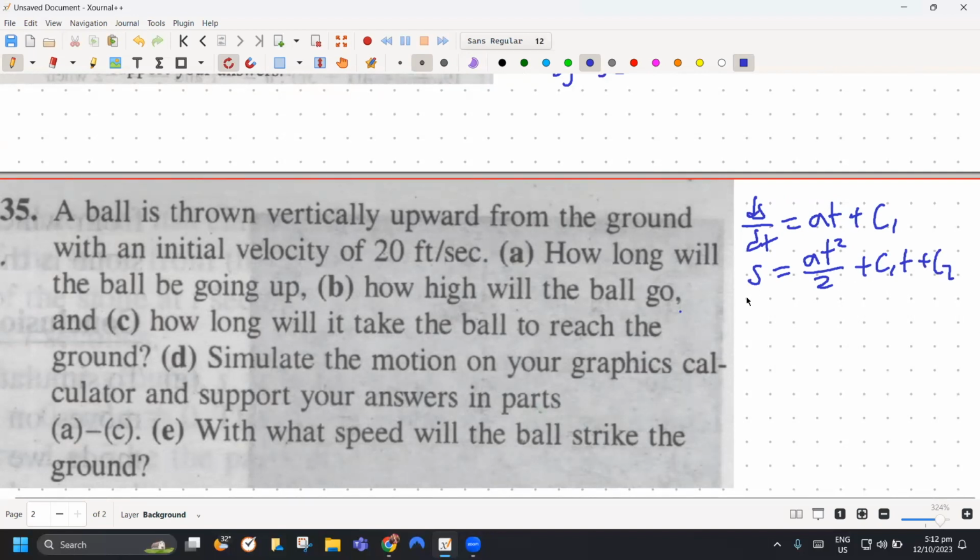Then let's also do v versus s. So v dv/ds is equal to a, which gives us v squared over 2 is equal to as plus c sub 3.